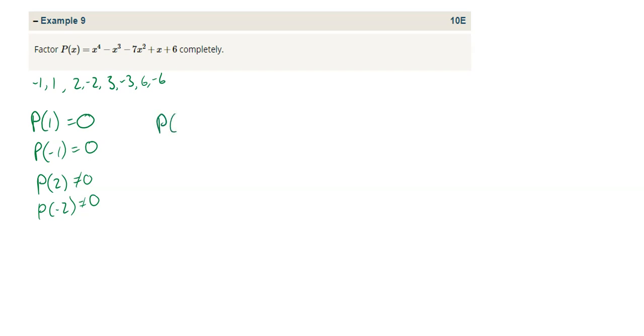So essentially, this implies we've got X minus 1, X plus 1, and then X something to do with 6. -6 will have to work. It'd have to be -6.